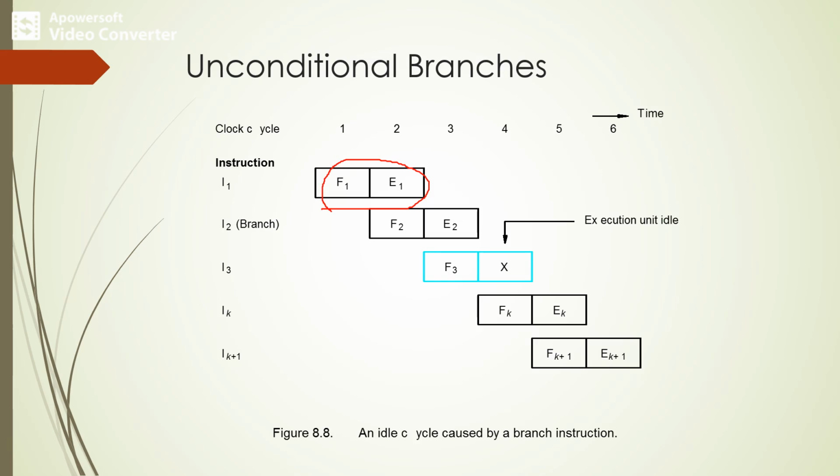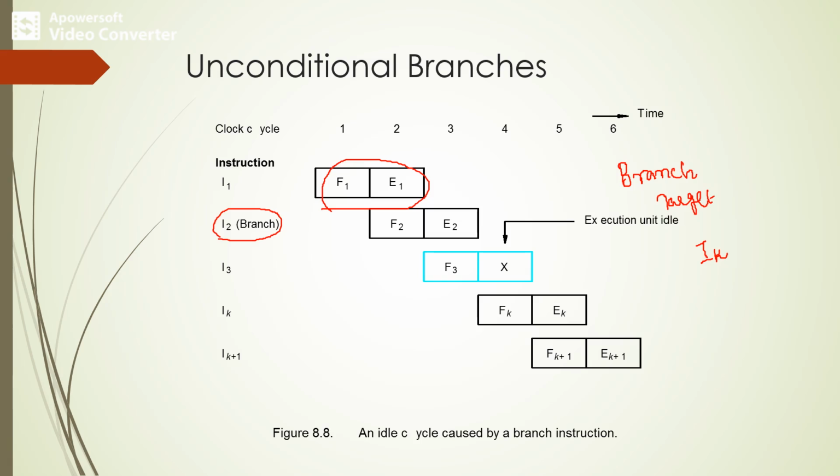Instructions I1 and I3 are stored at successive memory locations, and I2 is a branch instruction. The branch target is the instruction IK. So now I'll take the branch target, that is IK.